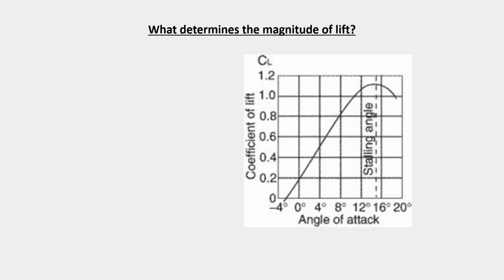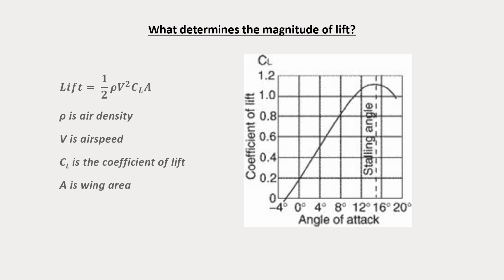So when we think in the Bernoulli's principle explanation, how do we come up with the magnitude of the lift? Well, the equation for that is given here. It starts with the dynamic pressure, 1/2 rho v squared. The next term is the coefficient of lift, which is very closely related to angle of attack, and then the wing area.